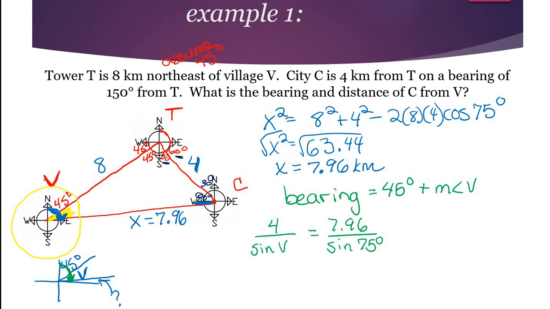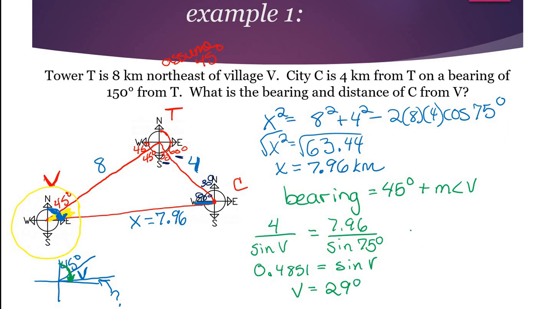So I did the sine of T with relation to its side, 7.96, and 4 and the sine of V. So if I cross multiply, I end up with 0.4851 equals sine of V, and V equals 29.02 degrees. I'll just round to 29 degrees.